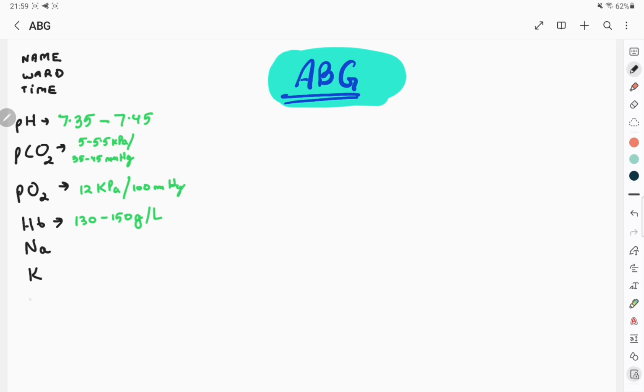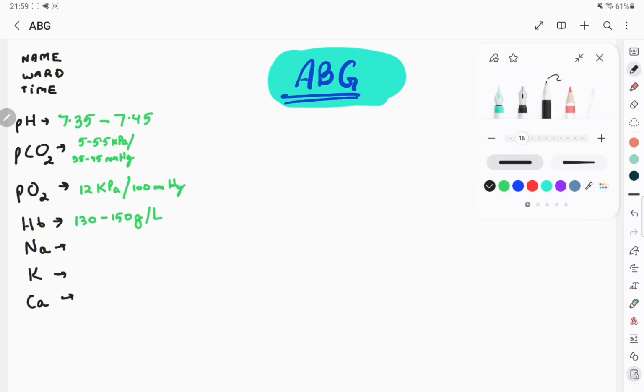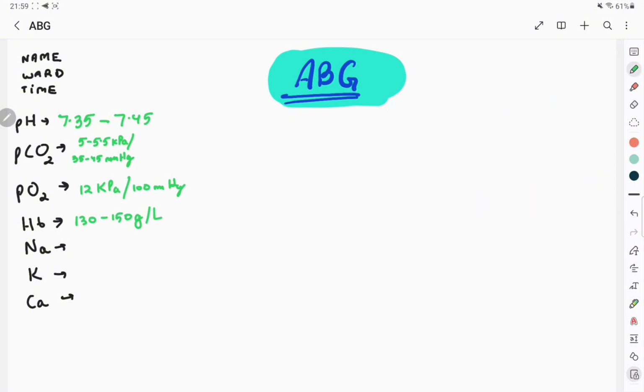Your ABG or VBG machine provides an incredibly fast turnaround for three heavy hitters: sodium, potassium, and ionized calcium. Before you make any shifts, you need a baseline of what normal generally looks like. Normal range for sodium is 135 to 145, potassium is 3.5 to 5, and ionized calcium is 1.15 to 1.3 millimoles per liter.